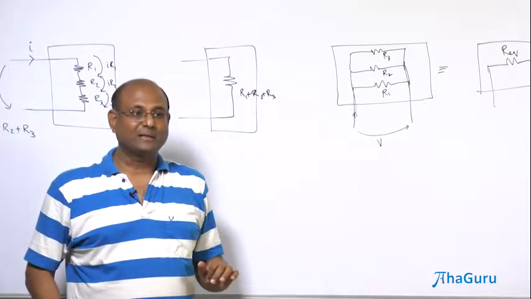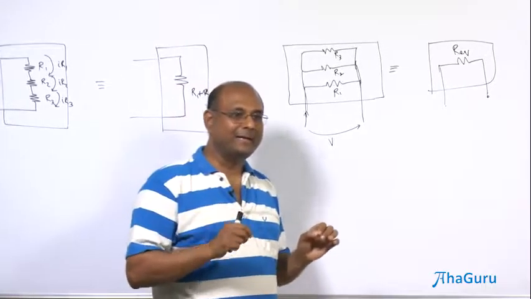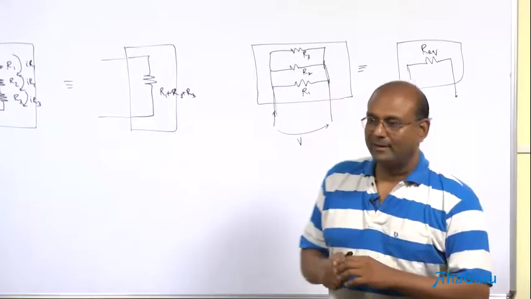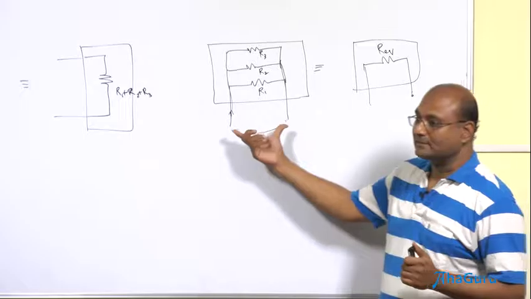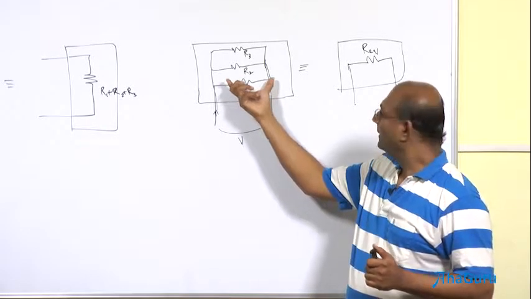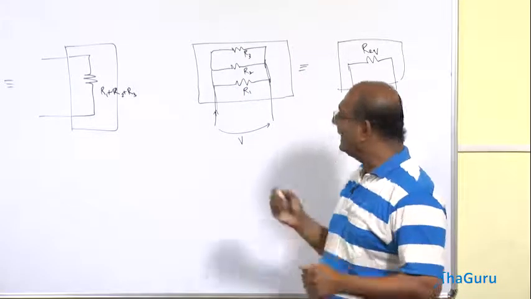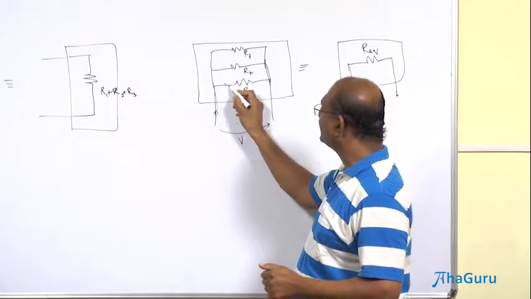But the problem with all that is it's going to make a lot of mathematics happen. So mathematically it is just easier if we start by saying this is V. Because if this is V, what is that? V. And what is that? V. And what is that? V. So then, since this is V, what is this current?